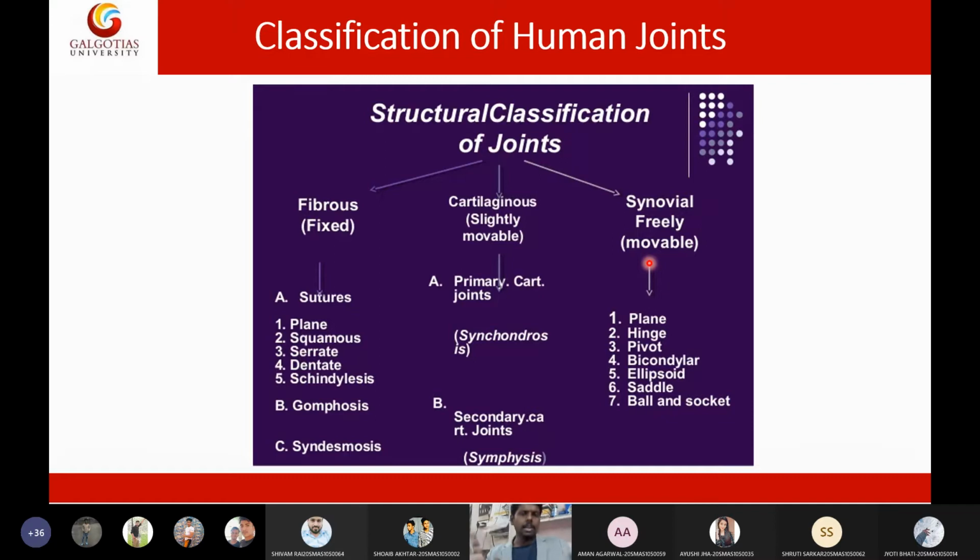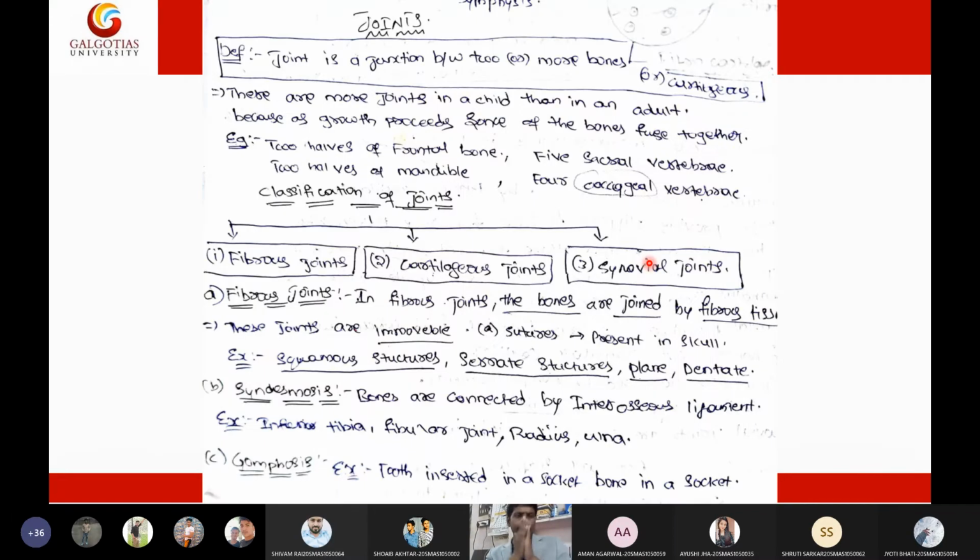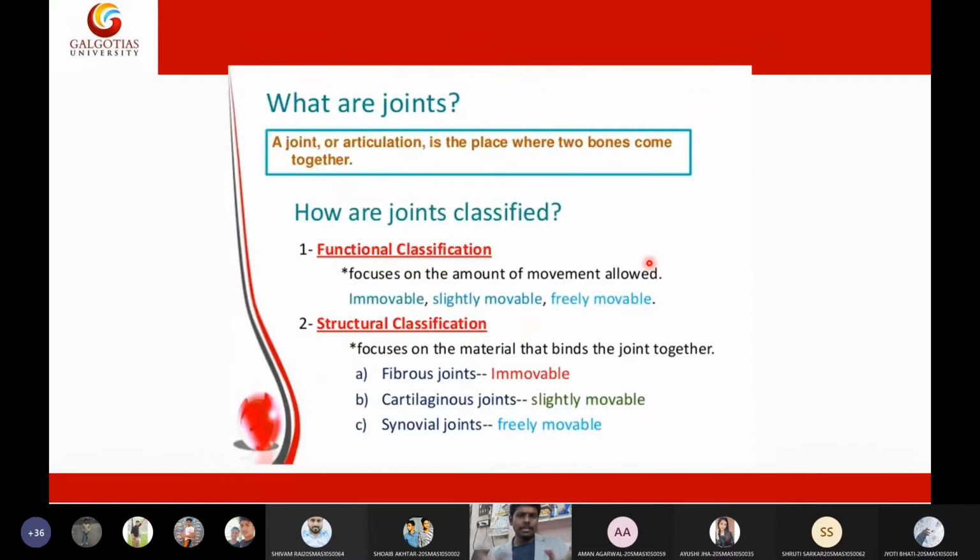Until here, is it clear for you, students? Is there any doubt so far? Just a quick revision. Tell me the types of joints.